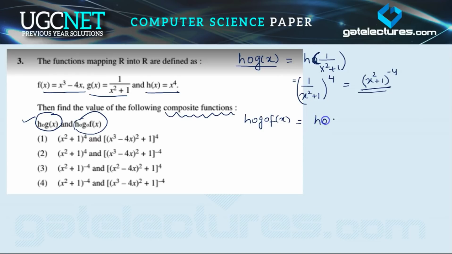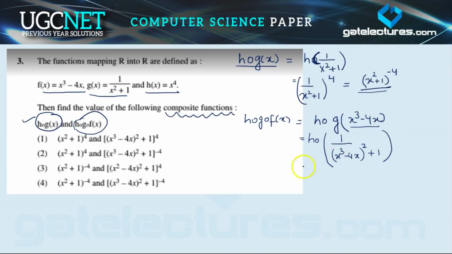Now calculate h of g of f of x. First write like this. The f(x) value is x cube minus 4x, and you know that g(x) is equal to 1 by x square plus 1. So for g, the x value is x cube minus 4x, so g is 1 by (x cube minus 4x) whole square plus 1.